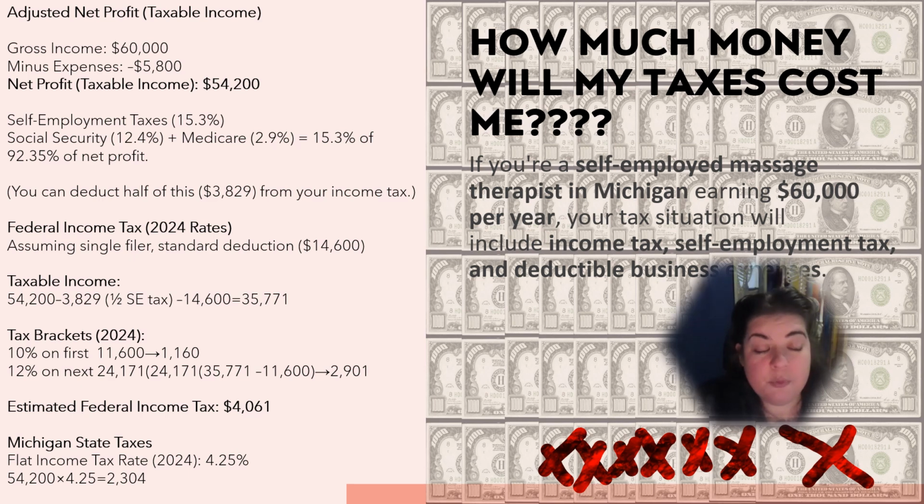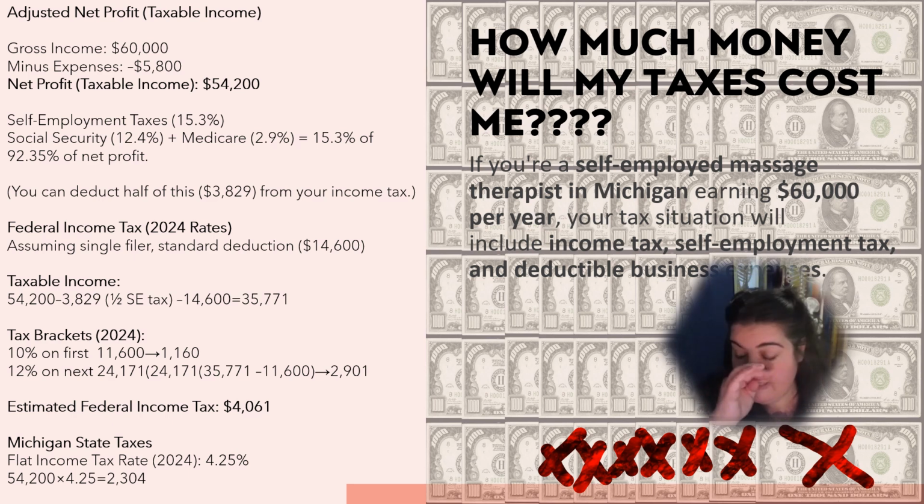Now, tax brackets, you need to pay 10% on your first $11,600. So you're going to be charged $1,160 for that 10% charge, and then it's a 12% charge on the next $24,171, which is $2,901.